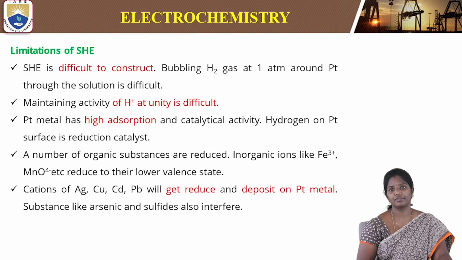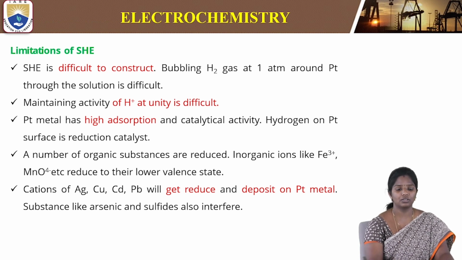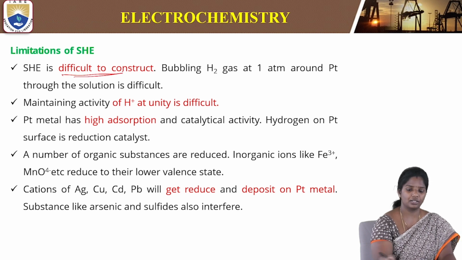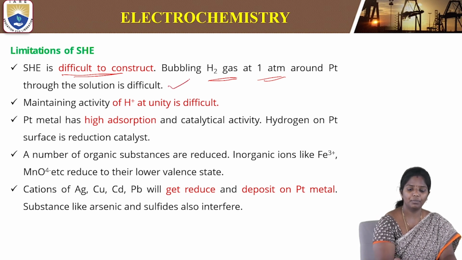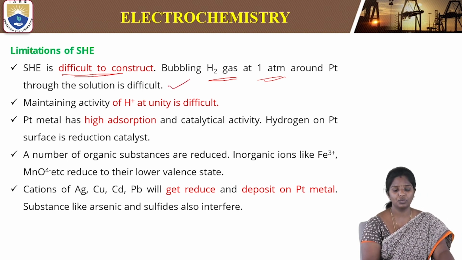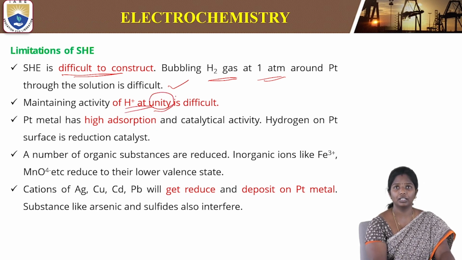This is used for the electrochemical series, but there are some limitations for the standard hydrogen electrode due to its difficulty to construct. Why? Because hydrogen gas has to be maintained at 1 atmospheric pressure, and a platinum plate or mesh has to be used, which is expensive. Then the activity of H+ ions has to be maintained at unity, which is also a difficult task.